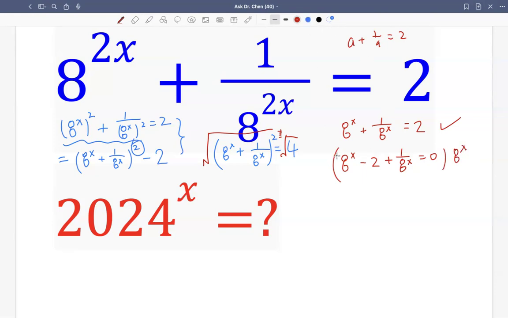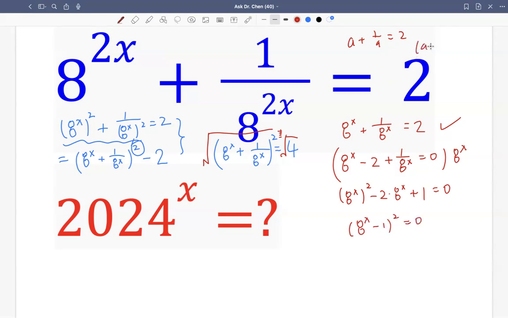Let me change my color. Then I get a raised by x squared minus 2 times a raised by x plus 1, a perfect square. That's a raised by x minus 1 squared, just like this one.